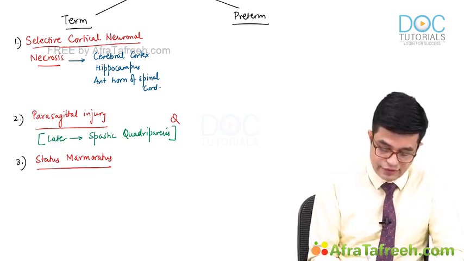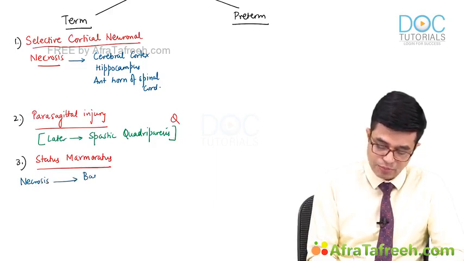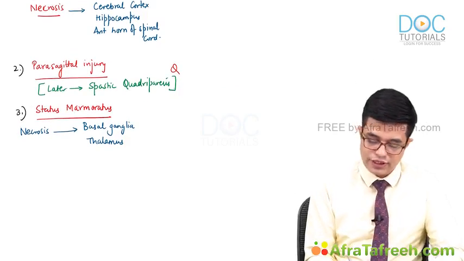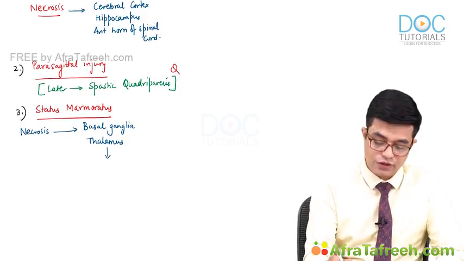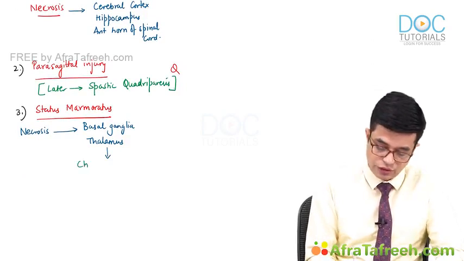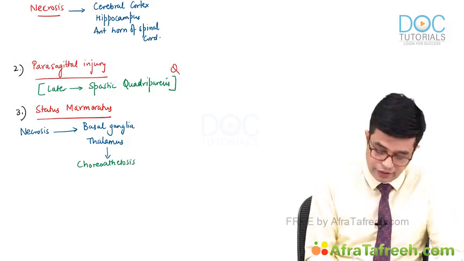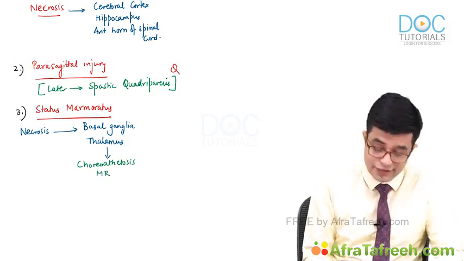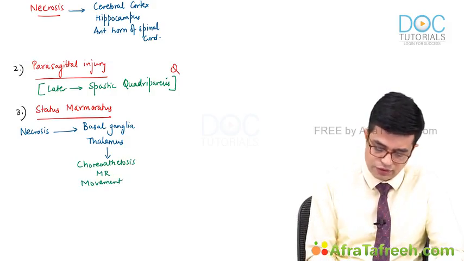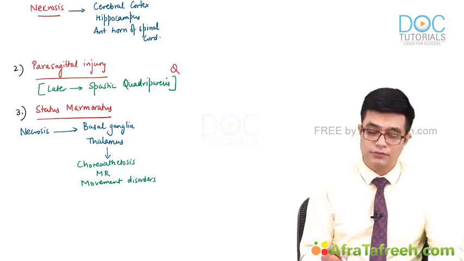Whenever there is necrosis of the neurons, particularly affecting the basal ganglia and thalamus, it can produce an altered sensorium comprised of features like choreoathetoid movements or choreoathetosis. The patient can have mental retardation and there can be spastic quadriparesis features. So you can simply write movement disorders. This whole clinical state is called status marmoratus.